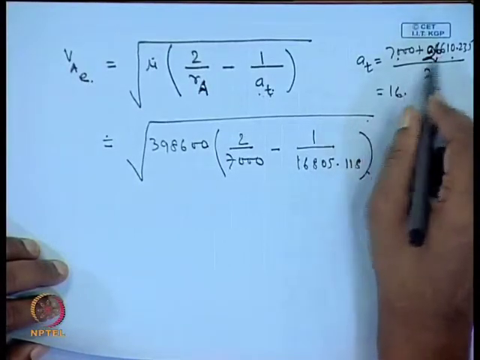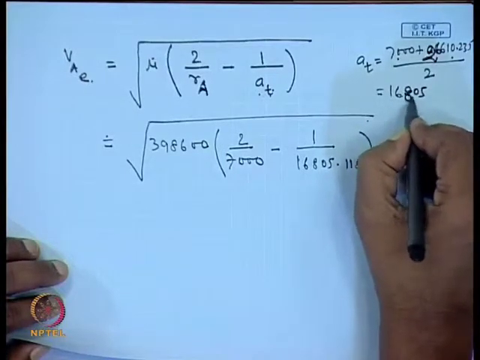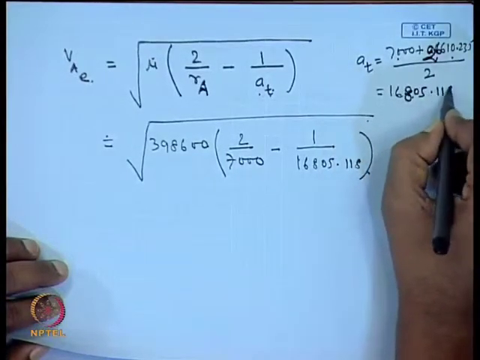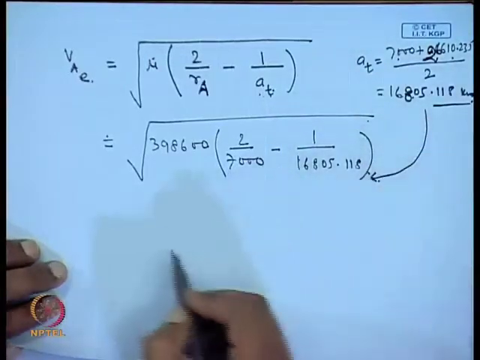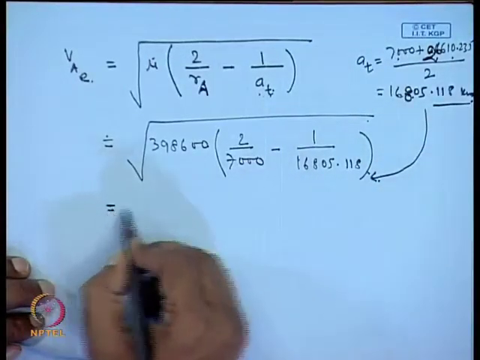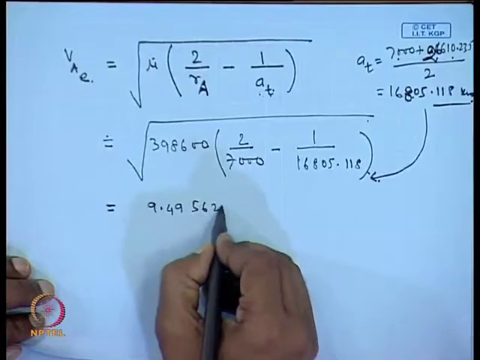So, this will turn out to be around 16,805.118 kilometers, and this is the result we are inserting here, and this gives you the value 9.495629.